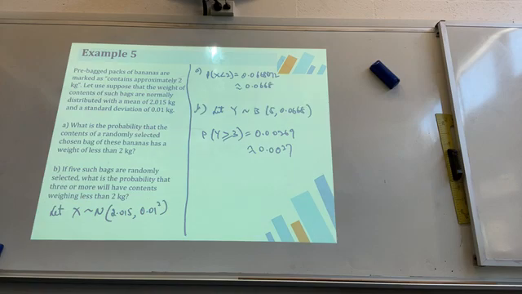So binomial, which one do you want? PDF is for one value. But it says, what is the probability that 3 or more? 3 to 5.